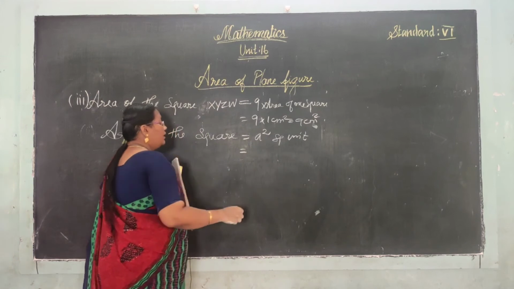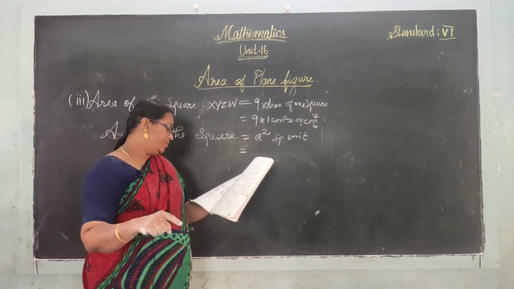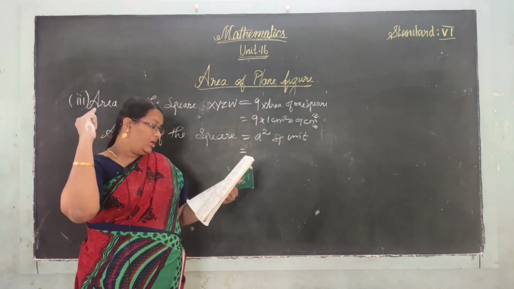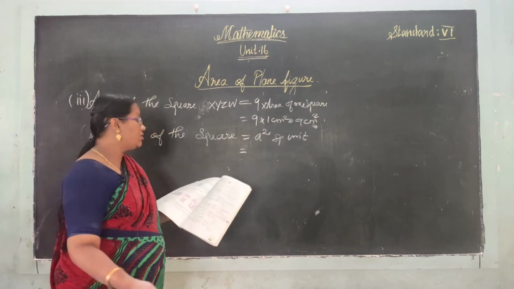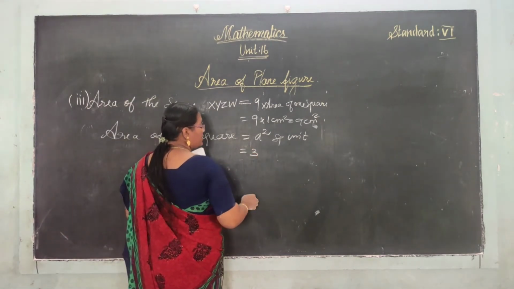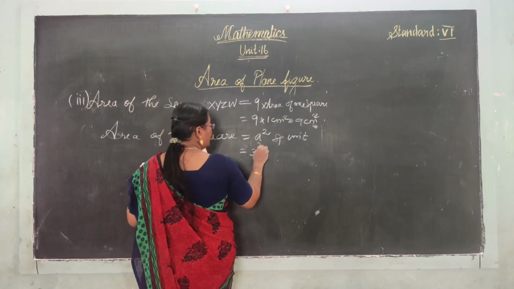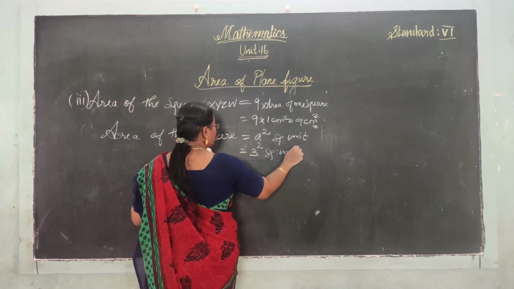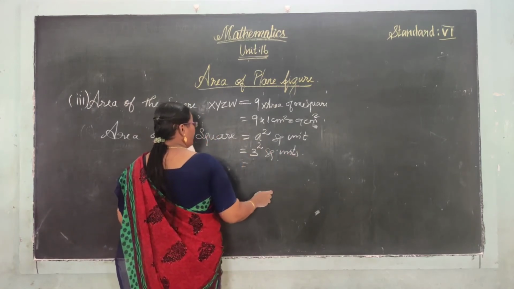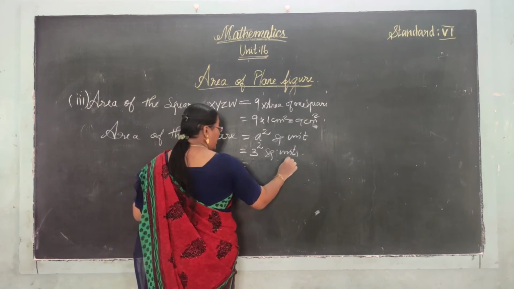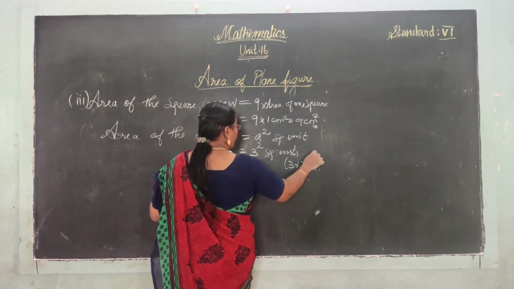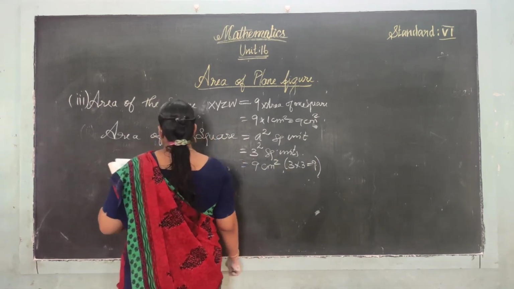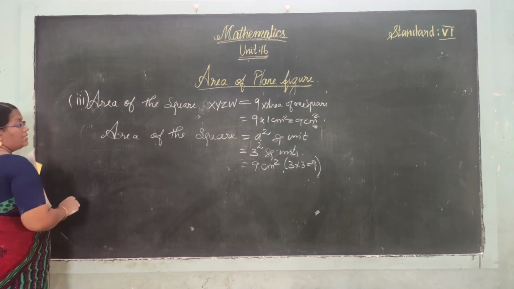So what is the side here? Count it. XY, 1, 2, 3. And how many rows? 1, 2, 3 rows. So 3 into 3 can be written as 3 power 2 square units. 3 power 2 means multiplying 3 by itself twice. What do we get? 9. So area of the square is equal to 9 centimeter square.